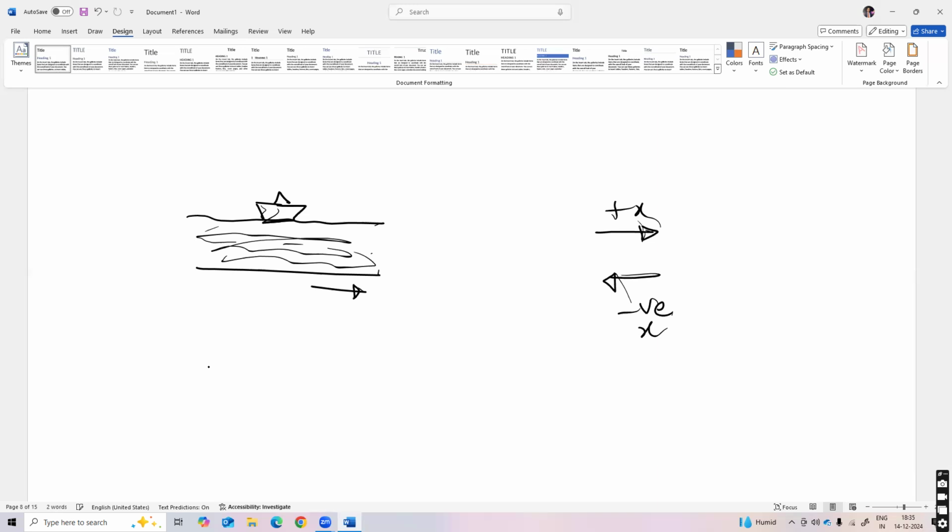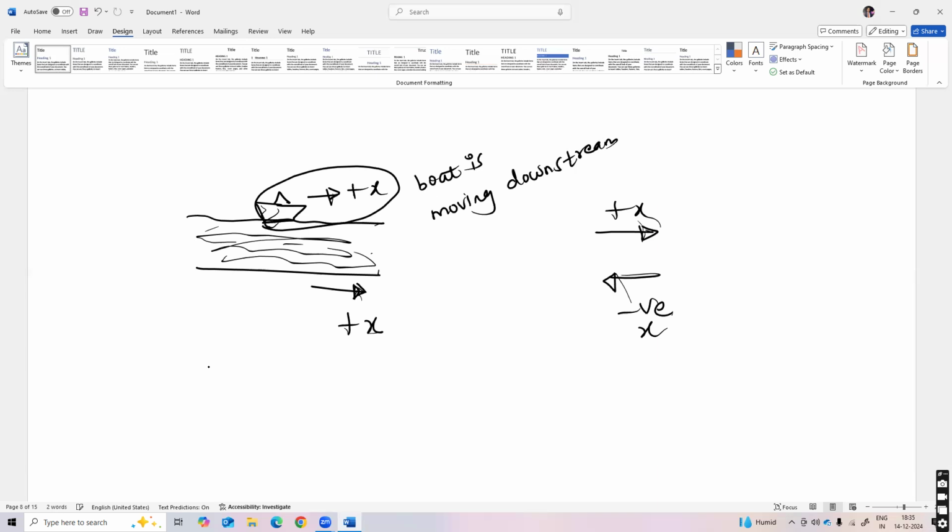If the river is flowing in the positive x direction, and this boat is also moving in the positive x direction, then we will say this boat is moving downstream. When we say the boat is moving downstream, the velocity direction of the boat and the direction of flow of the river is the same.